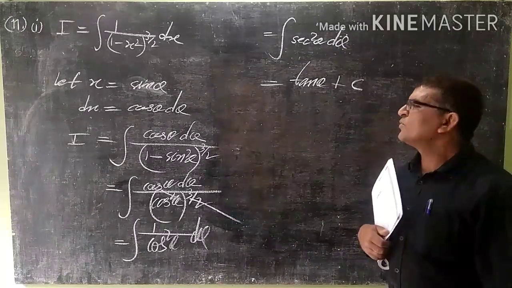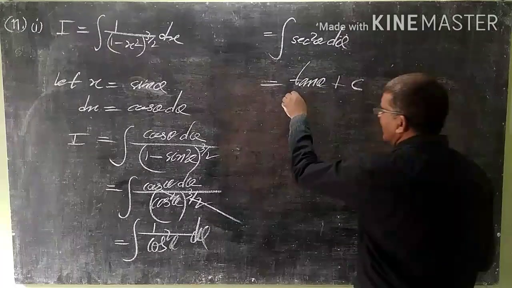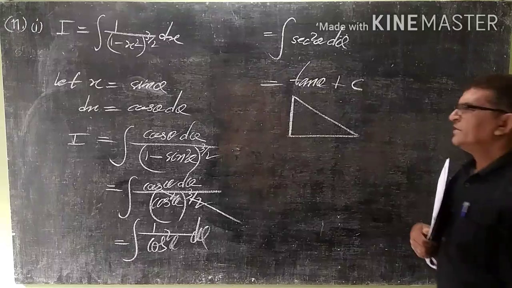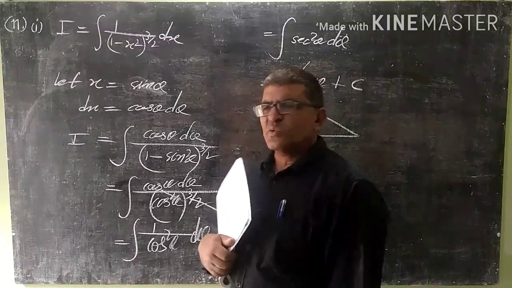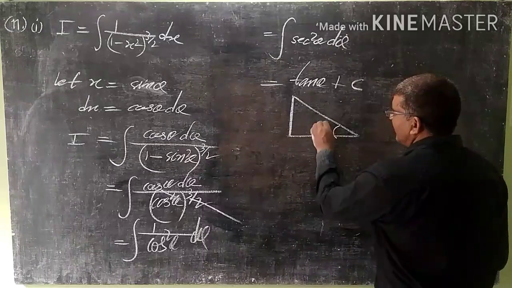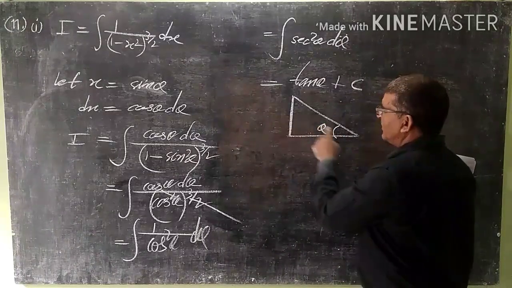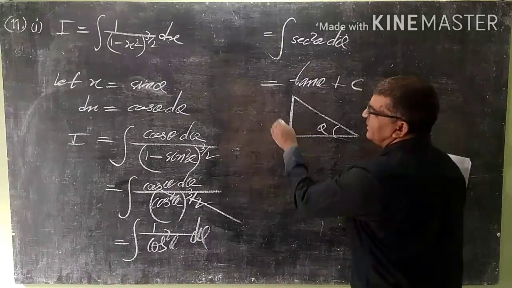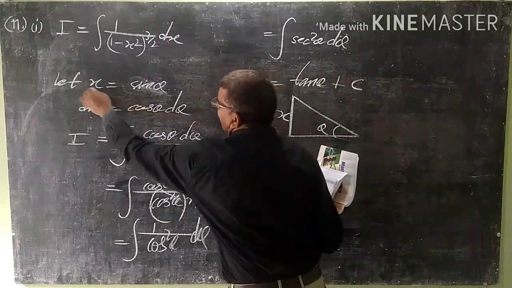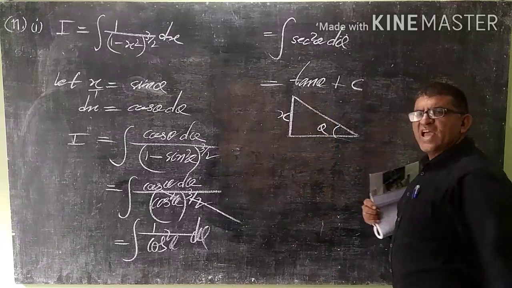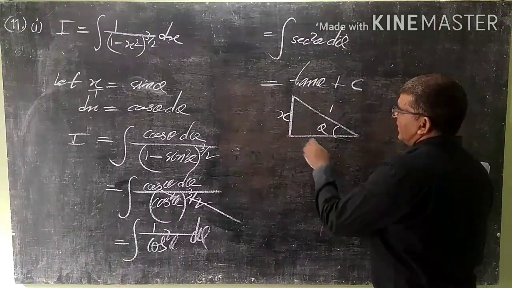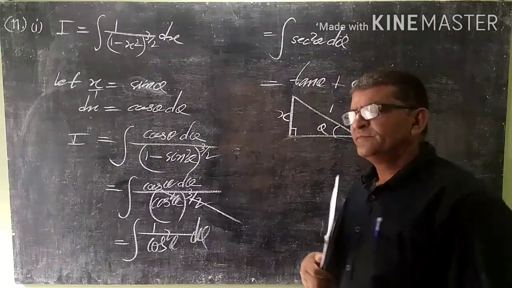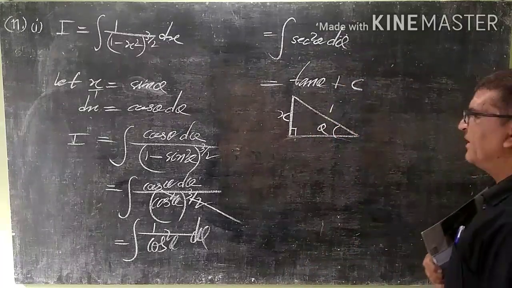Now we have to put the value of tan theta. I explained to you many days ago, in the beginning of chapter number 2, that if this is theta, then this is the perpendicular, because it is the opposite side of theta, and it will be x, and we can put here 1 as the hypotenuse, because the side opposite 90 degrees must be the hypotenuse in a right angle triangle.